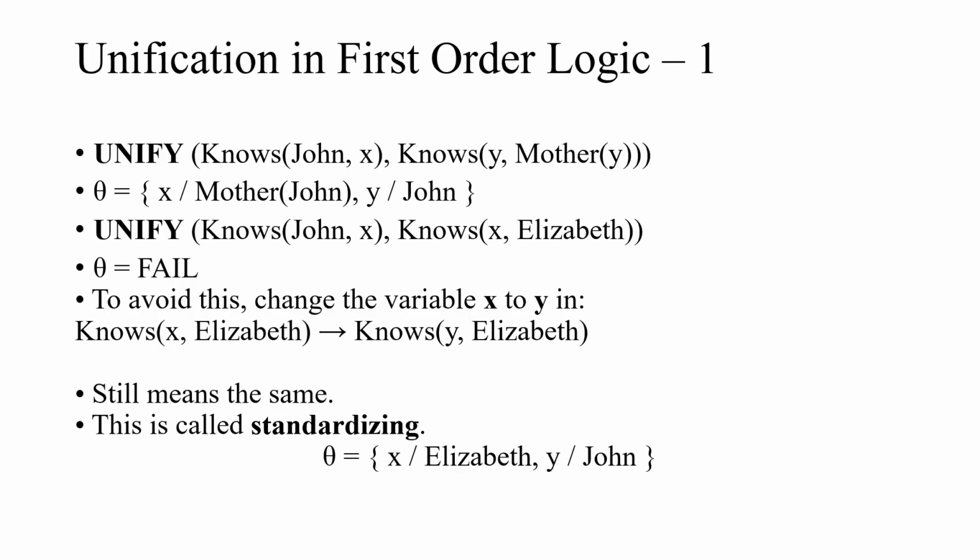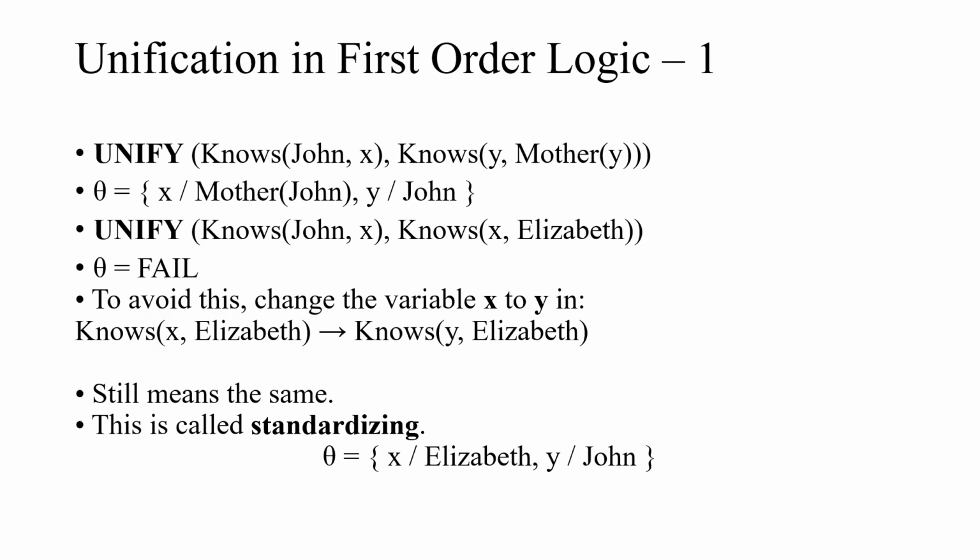This is the condition for using that. So this is one of the possible ways. The exact statement is knows(x, Elizabeth), knows(y, Elizabeth). These are the kinds of things we should avoid, like the standardizing technique.